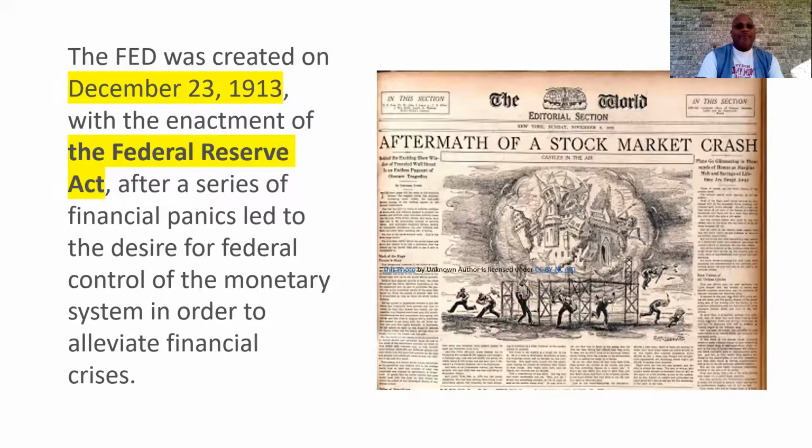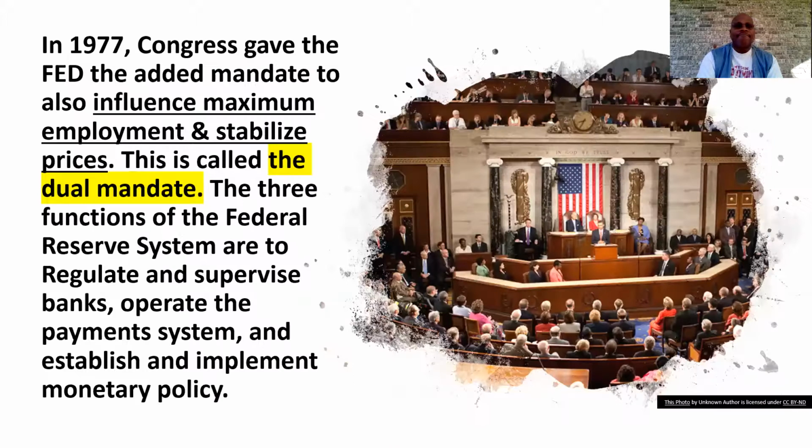The Fed was created on December 23, 1913, with the enactment of the Federal Reserve Act, after a series of financial panics led to the desire for federal control of the monetary system in order to alleviate financial crises. In 1977, Congress gave the Fed the added mandate to also, one, influence maximum employment, and two, stabilize prices. This is called the dual mandate.